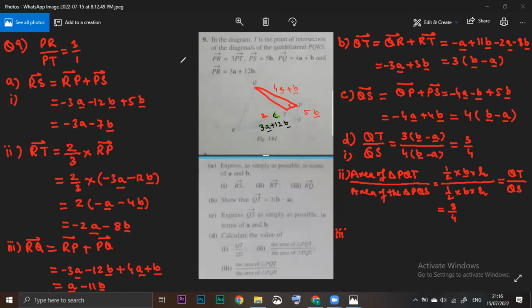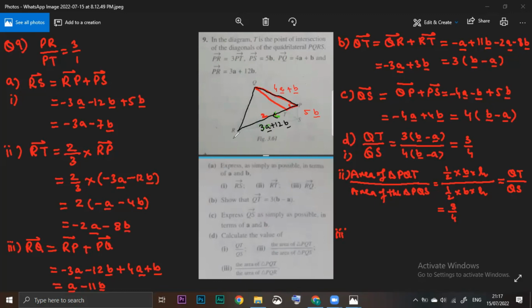The other triangle is PQR. Now we will take PR and PT as the base.